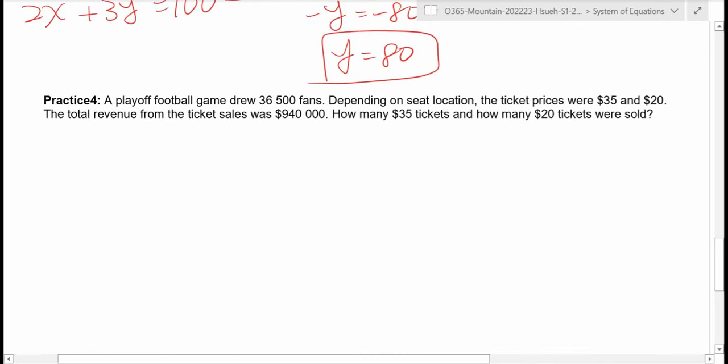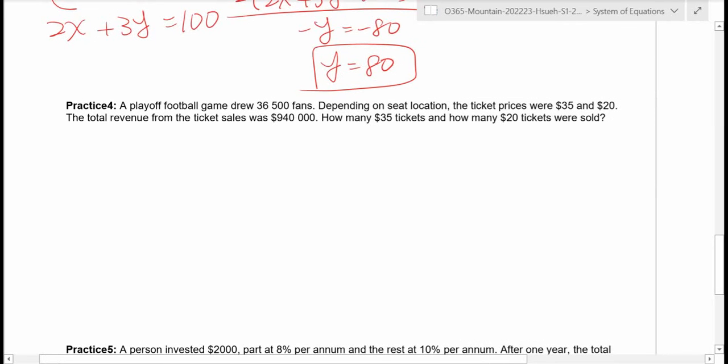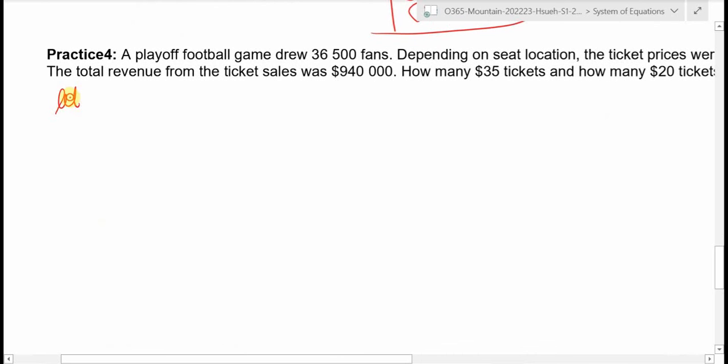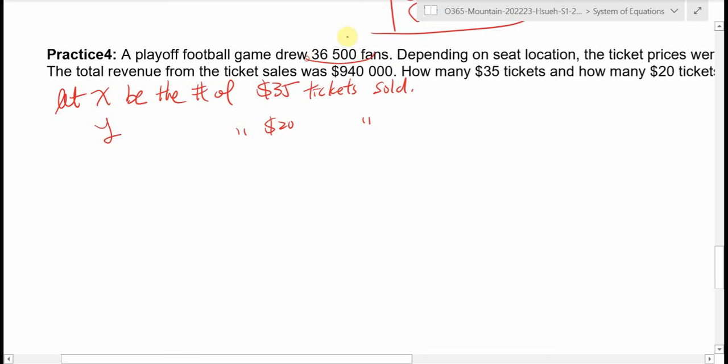Similarly, we're going to let X be the number of $35 tickets sold, and that means Y will be the number of $20 tickets sold. Now it drew this many fans, that means that's how many tickets were sold, right?